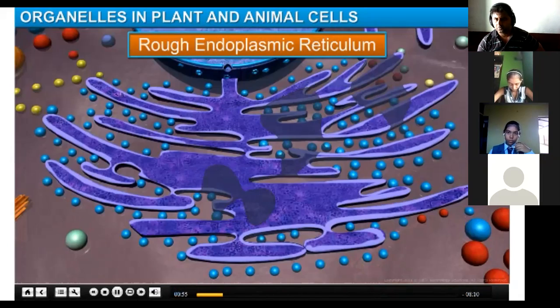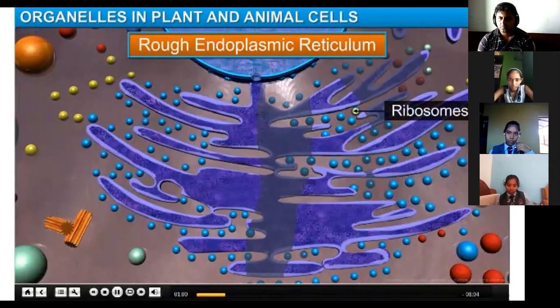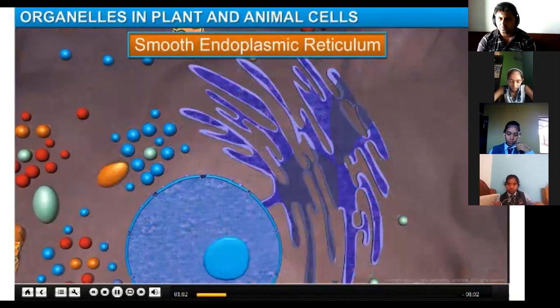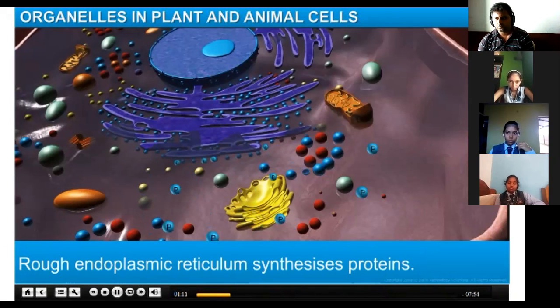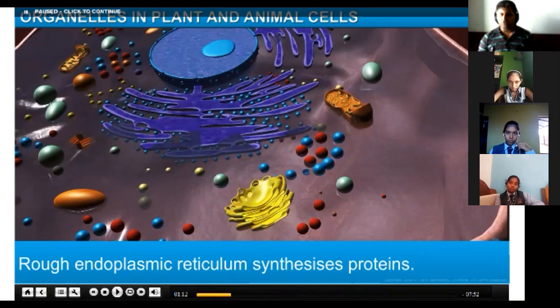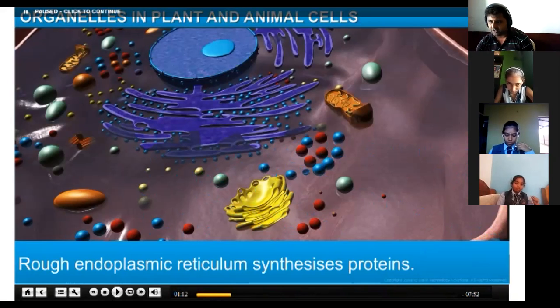Rough endoplasmic reticulum has ribosomes present on it, while they are absent on smooth endoplasmic reticulum. Take down this point. Rough endoplasmic reticulum synthesizes proteins.